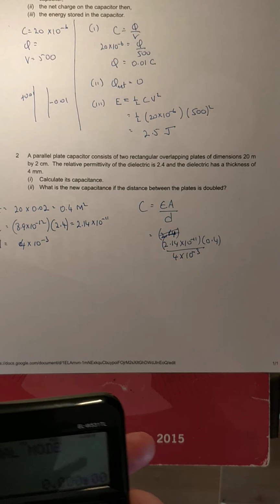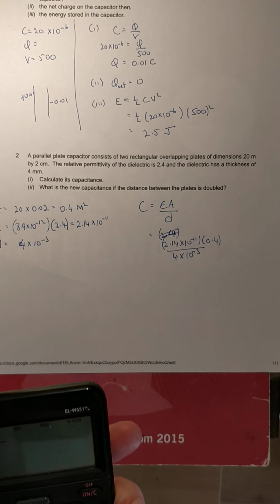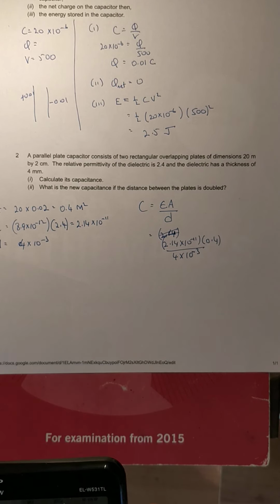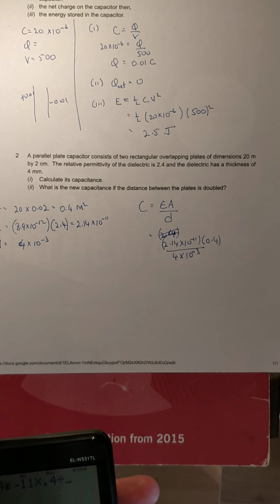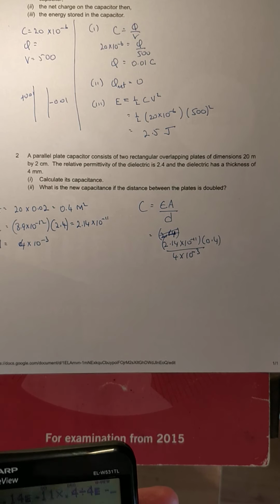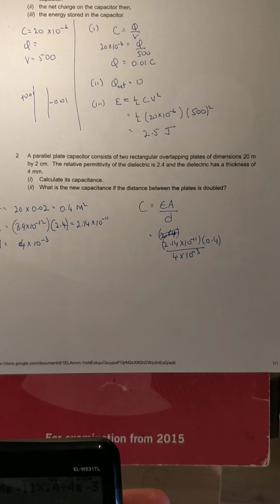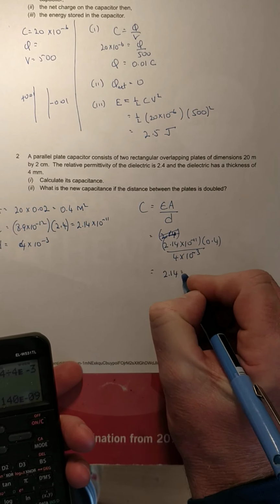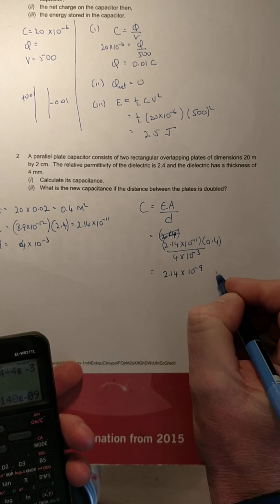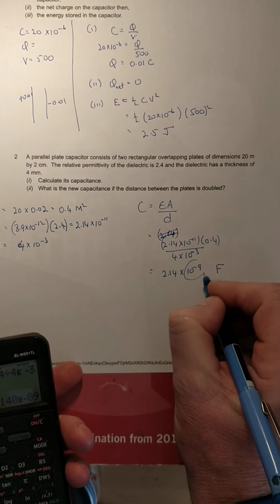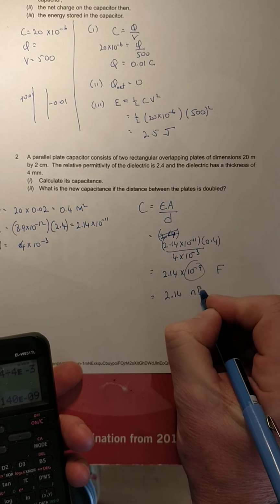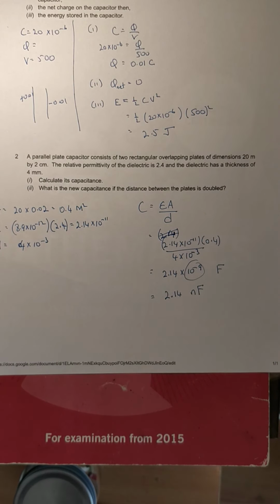Sorry, so 2.14 exponential minus 11 multiplied by 0.4 divided by 4 exponential minus 3. Okay, and we're getting a value of 2.14 by 10 to the minus 9 farads. And remember, 10 to the minus 9 is just nice and handy. It's 2.14 nanofarads. So 10 to the minus 9 is nano.